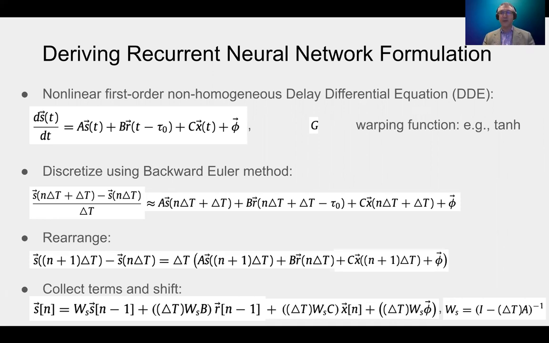Please also note that we set the delay constant tau 0 equal to the single time step delta t. This can be interpreted as storing the value of the readout signal into memory at every time step to be used as part of the update at the next time step.